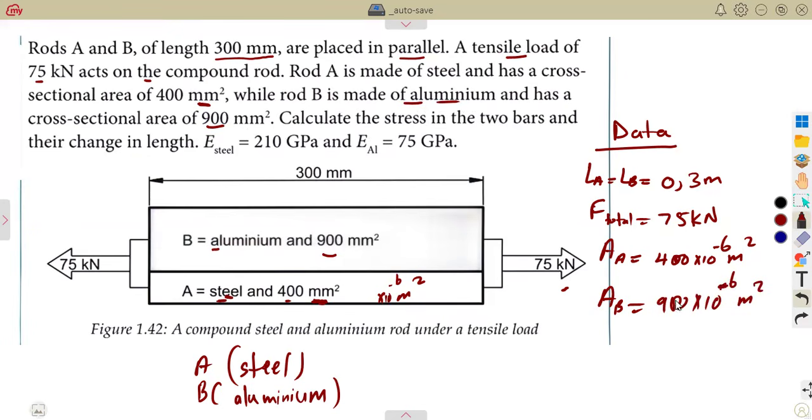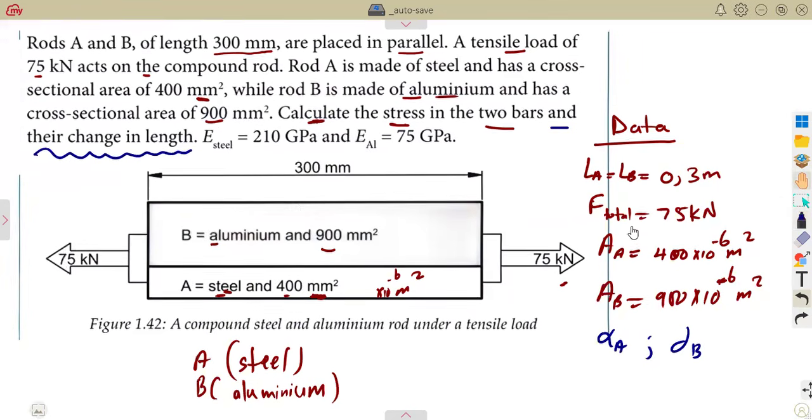There are different areas, remember? Calculate the stress in the two bars, the stress in this one and also this one. So they need you to determine the stress at A and also the stress at B, and their change in length.